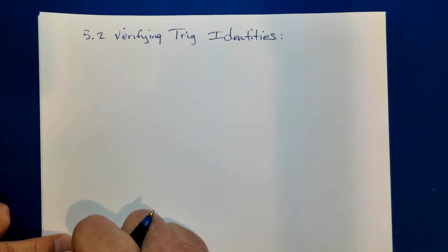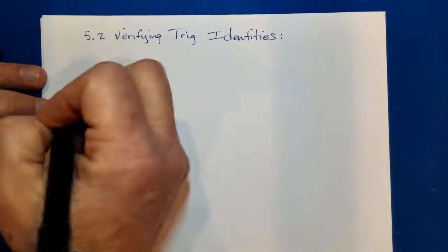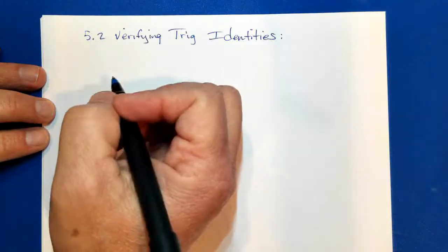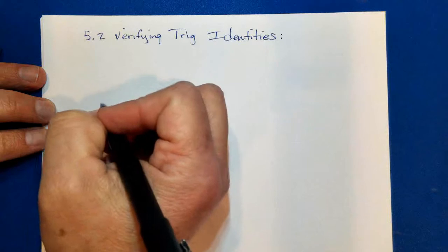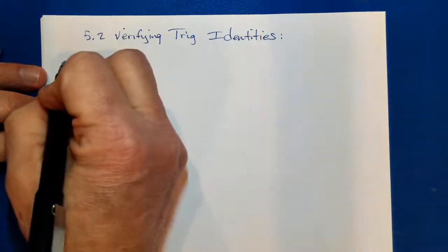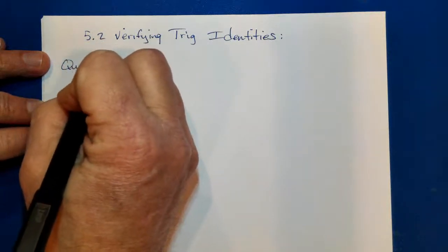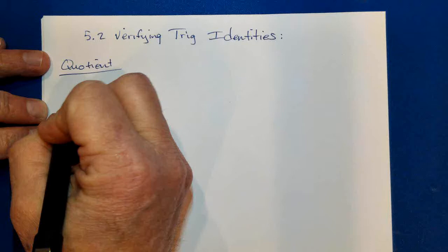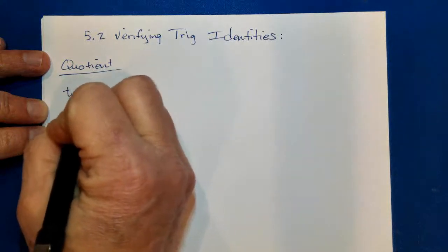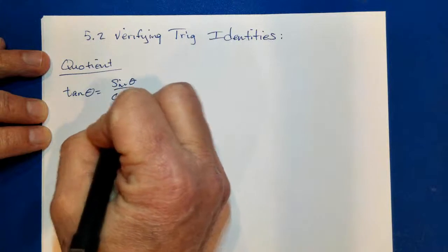So just to do a little review, the reciprocals should be a no-brainer. Sine is 1 over cosecant, cosecant is 1 over sine, and so on. The quotient identities, okay, we know that tangent of theta is equal to the sine of the angle divided by the cosine of the angle.